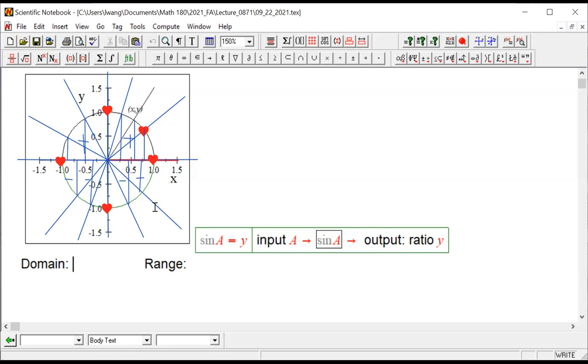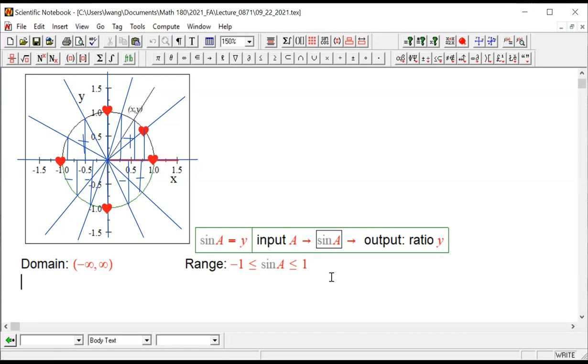Every angle can be used as input, right? Because for every angle we can find the y, right? So the domain is from -infinity to +infinity. The range is: sine of any angle is between -1 and +1.